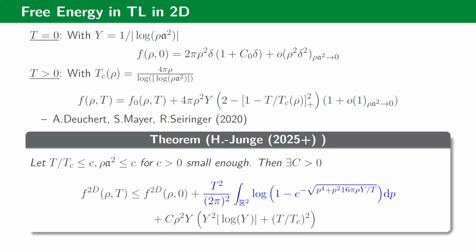And what we then proved is kind of an extension of this formula here at zero temperature, together with Lucas. It's not yet on the arXiv, it will appear soon, hopefully. So if T is less than the critical temperature, and if this diluteness parameter rho a squared is small, then what you find, so far only as an upper bound, we also will prove the lower bound hopefully at some point, is that as an upper bound you get the zero temperature term, and then you get this temperature correction term.